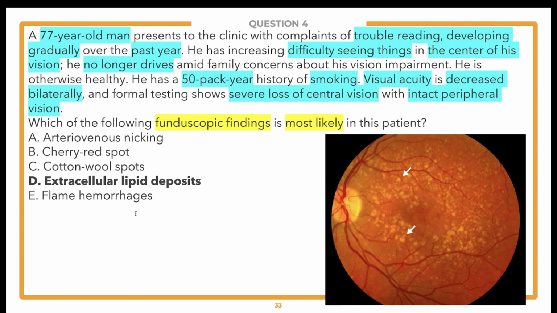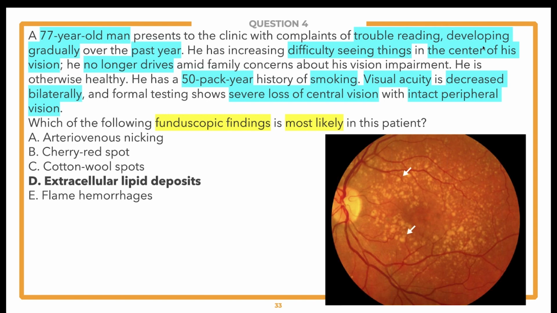The way to avoid falling into both those traps is simply realizing that the symptom profile is different. We're not talking about hypertension here just because this person smoked and may be in poor health. We're talking specifically about the vision loss here. And you see here, loss of central vision, intact peripheral vision. You're not going to see that with hypertensive retinopathy, okay?